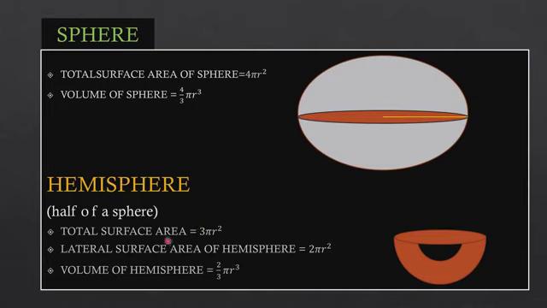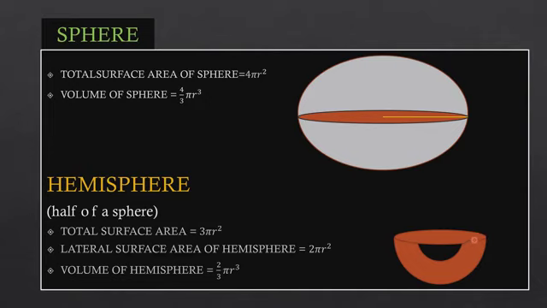Now the total surface area of the hemisphere is 3 pi r square. According to the explanation that I was giving, the total surface area of the sphere was 4 pi r square. So the curved surface area of the hemisphere is half of this total area, that is 2 pi r square, plus we should also remember that when we cut the sphere into equal parts, a circular base is formed.